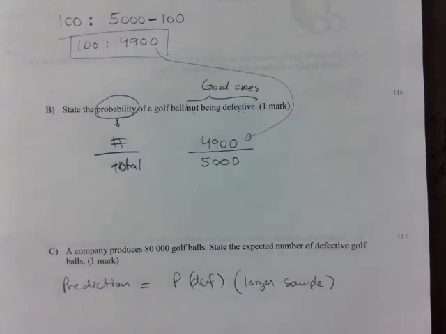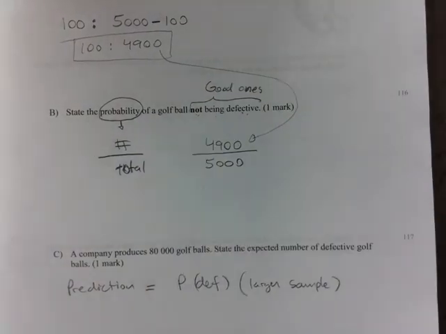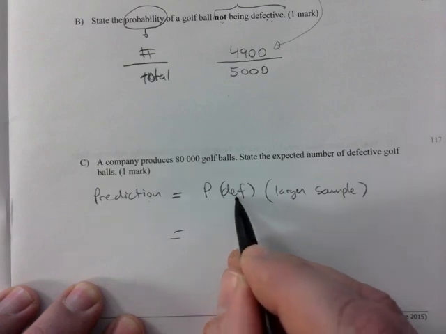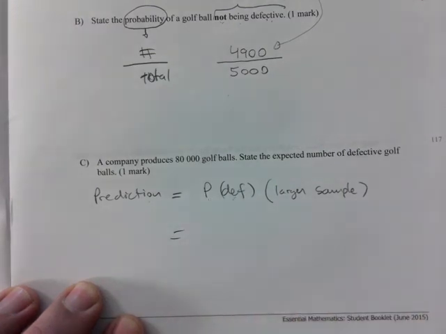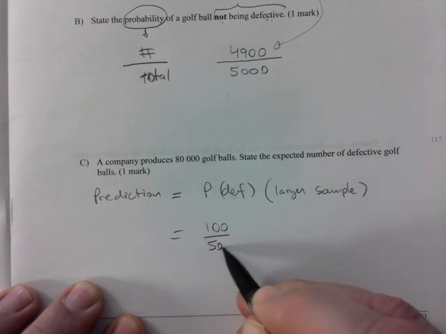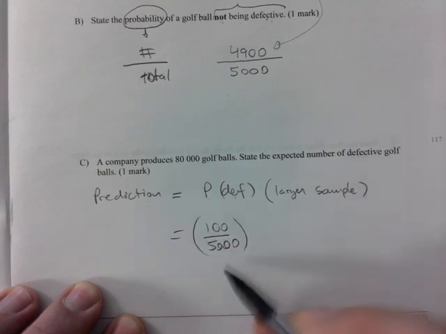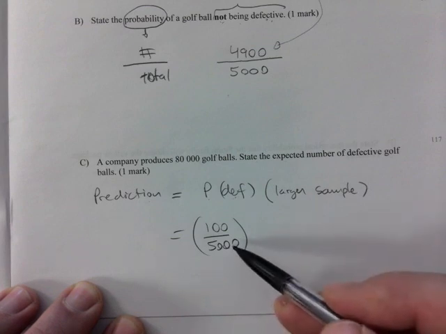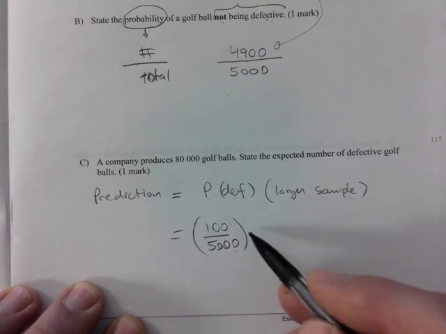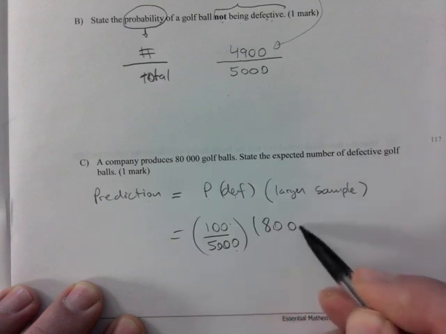Some of you might have this on your study sheet. And we know that the probability of defective is 100 out of 5,000. I feel like this should be a 2-mark question, but they gave you this at the very beginning. The statement at the beginning says 100 out of 5,000 are defective. So we're going to multiply this by 80,000.